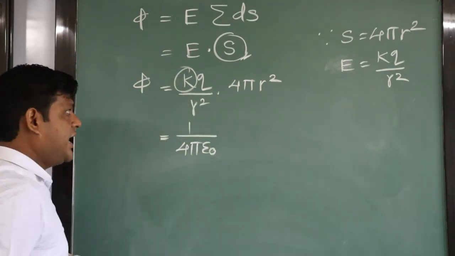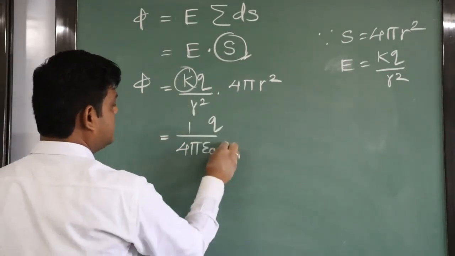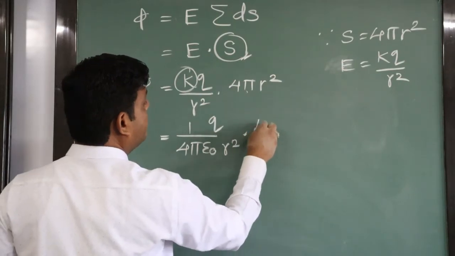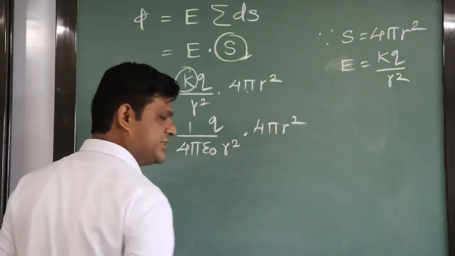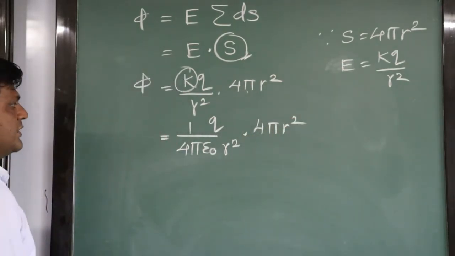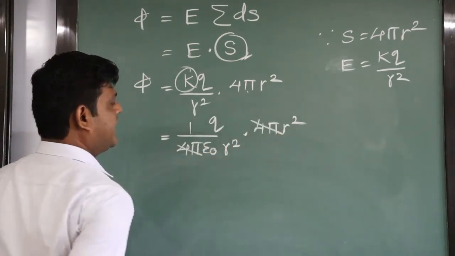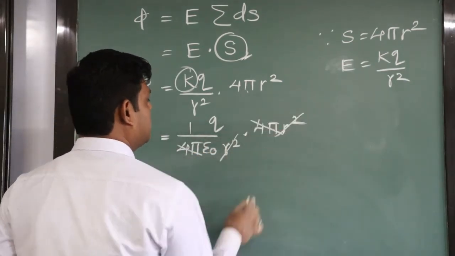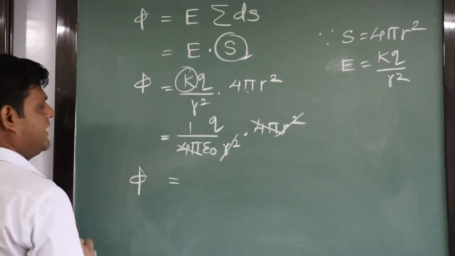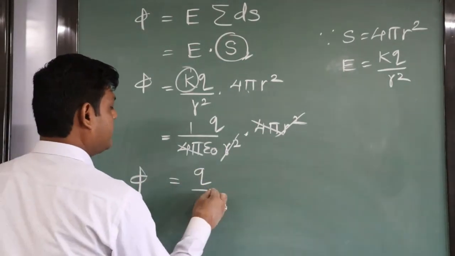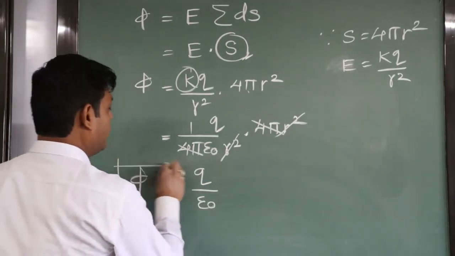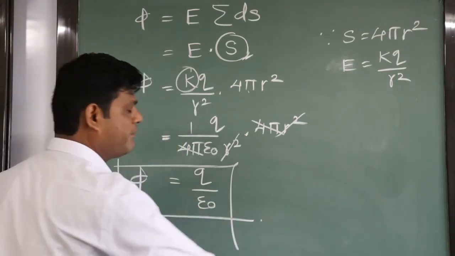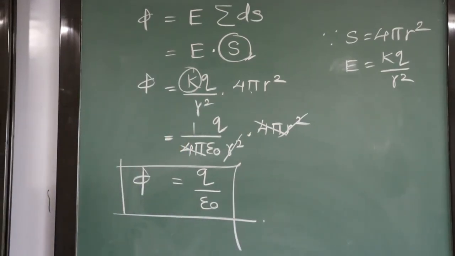This is small q, this is r square. Again 4 pi r square remains as it is, right. See, this 4 pi gets cancelled, this r square gets cancelled, and flux phi equal to q divided by epsilon 0. This is the proof of Gauss law.